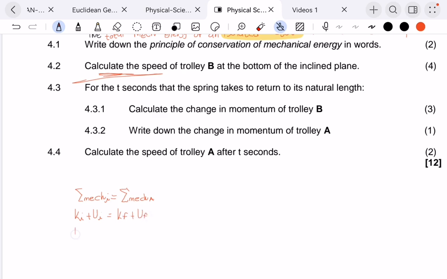K, we know that it's 1/2 mv squared, and this is obviously initial, plus mgh initial is equal to 1/2 mv squared final plus mgh final, right?